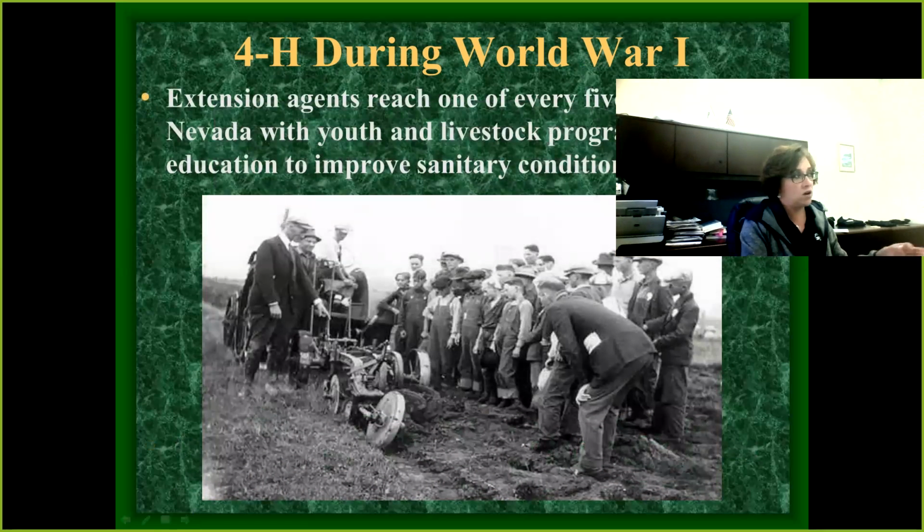What I find interesting is during World War I, Extension was able to reach 1 out of every 5 people in Nevada with youth or livestock programs and education for the home. But wouldn't it be great today if we could reach 1 out of every 5 people in the state? I think that would be fantastic.